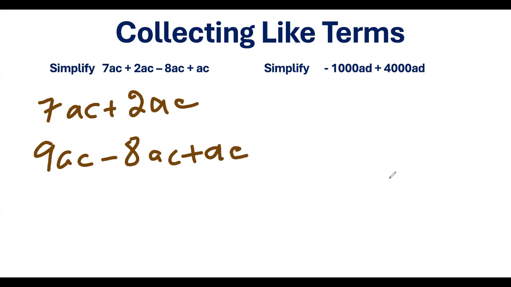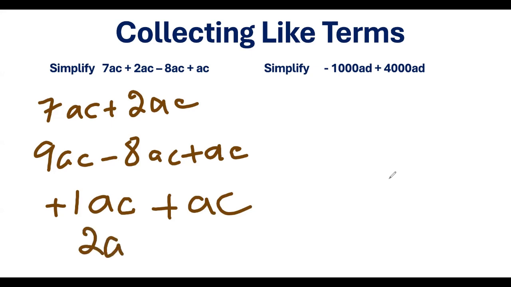Now the next two terms are 9AC and 8AC. They will give you plus 1AC, or only AC, because 9 minus 8 is 1. You can write 1 or you can ignore 1. Only AC. AC plus AC, 1AC plus 1AC, add them, it will be 2AC. This is the answer for this.